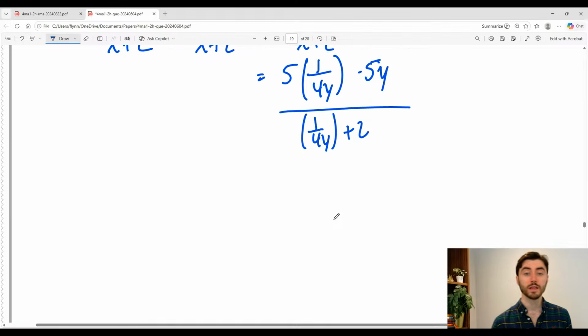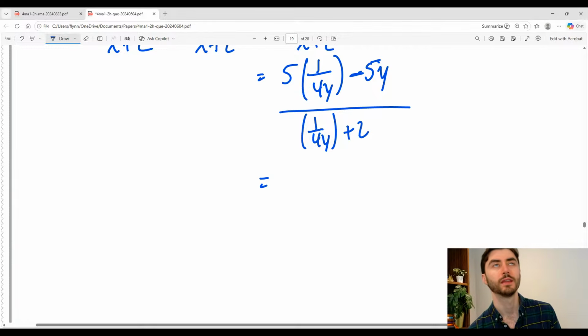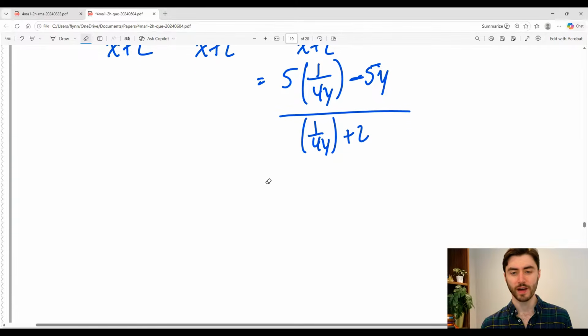Now, in order to get rid of this, I'm going to multiply the top and the bottom by 4y. Is that the best way to explain it for GCSE? No, I'll tell you how I would probably do this if I were in GCSE.